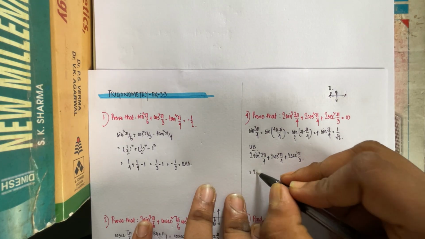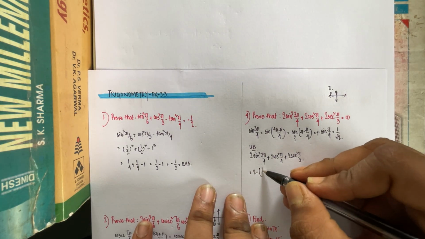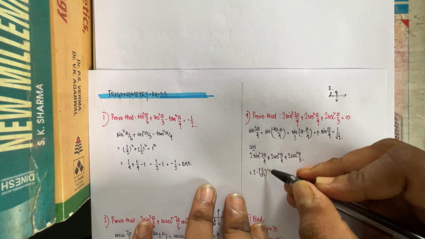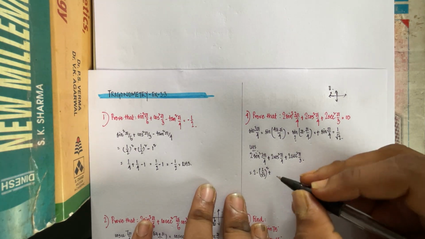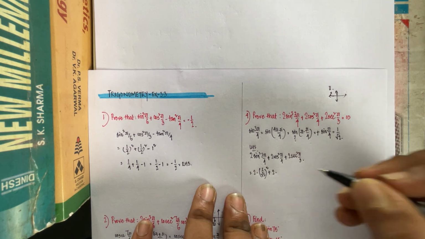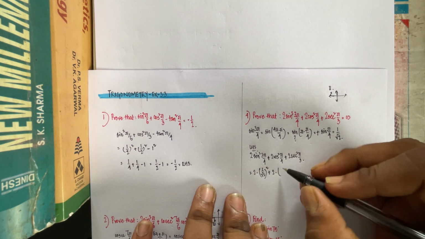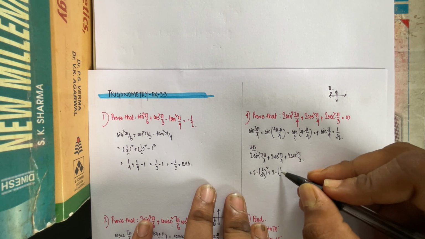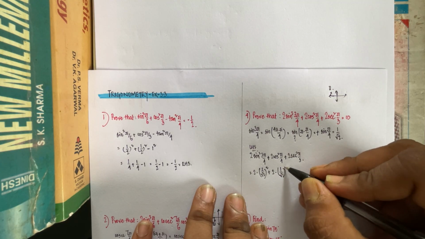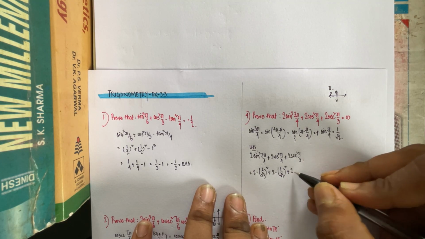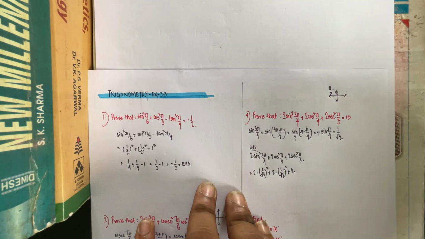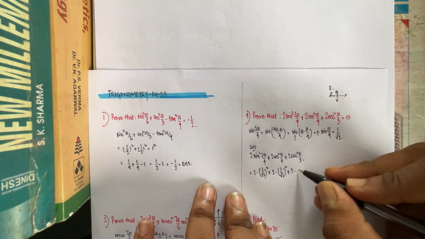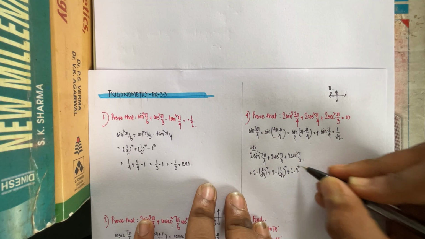So that is 2 into 1 by root 2 whole square plus 2 into cos pi by 4, which is again 1 by root 2, whole square, plus 2 into the value of sec pi by 3. Cos pi by 3 is half, so sec pi by 3 will be 2. So it is 2 square.